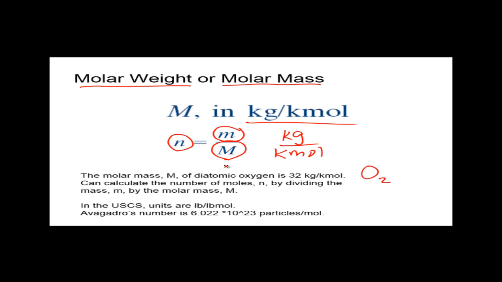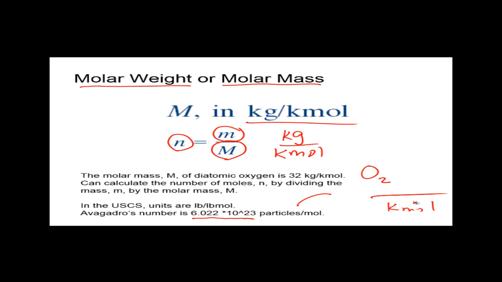So do you remember Avogadro's number? 6.022 times 10 to the 23rd. What is that? That's the number of particles per mole. So if you want to count things that have lots of particles in them, you may want to use the mole, right? So if that's how many particles are in a mole, how many particles are in a kilomole?